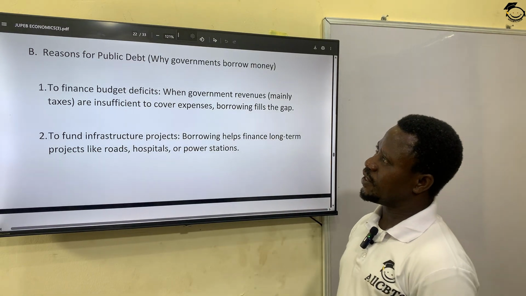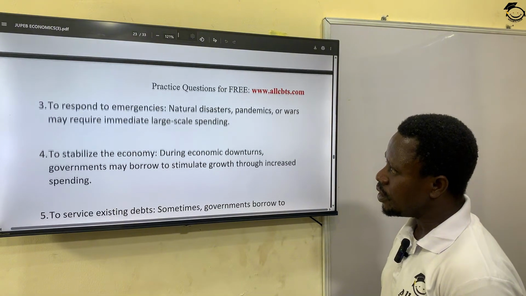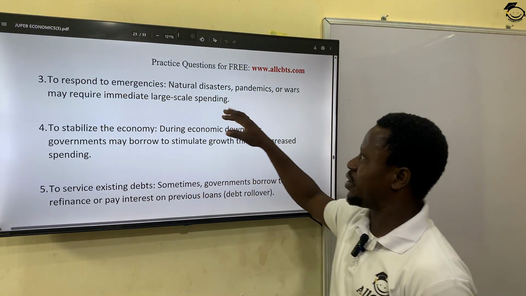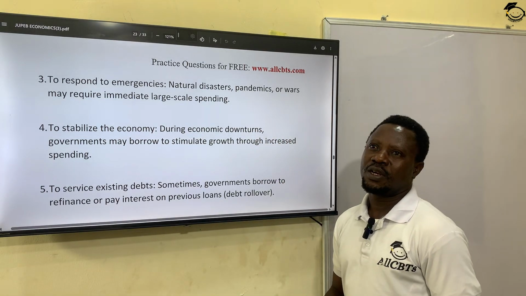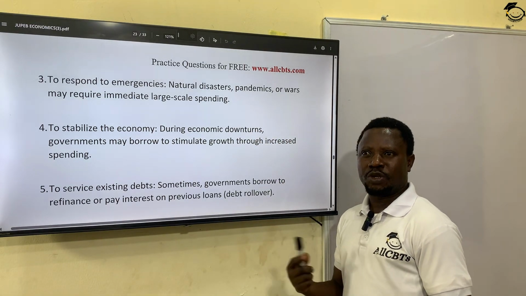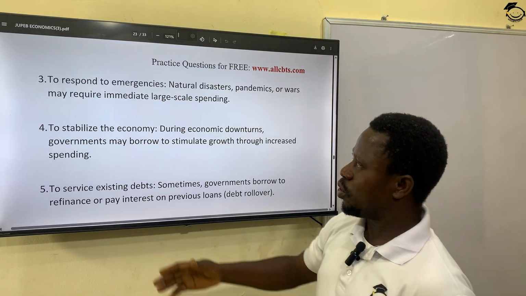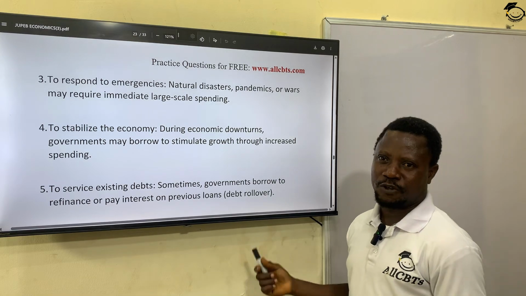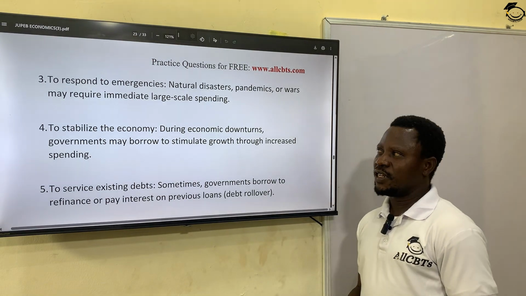Let's see another reason why government owes debts: to respond to emergencies. Sometimes there are emergencies, natural disasters, pandemics, or wars. And the government may not be able to meet up with it. So they need to borrow money so as to meet up with the immediate needs.